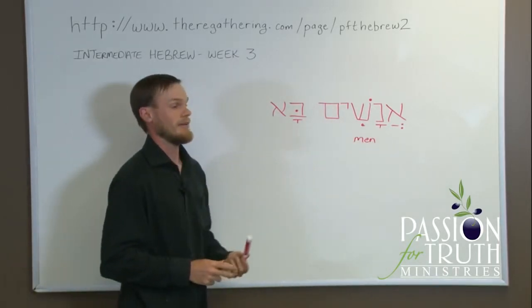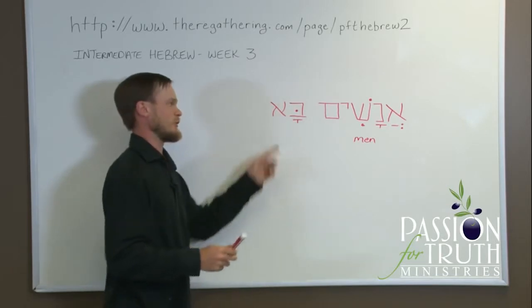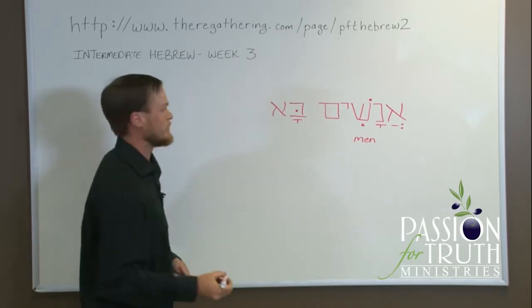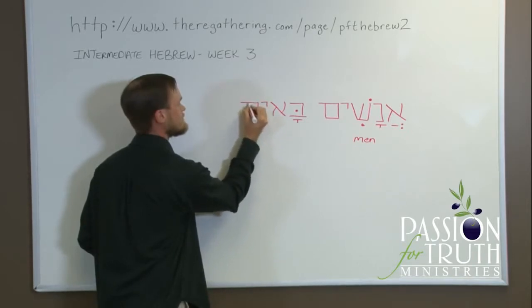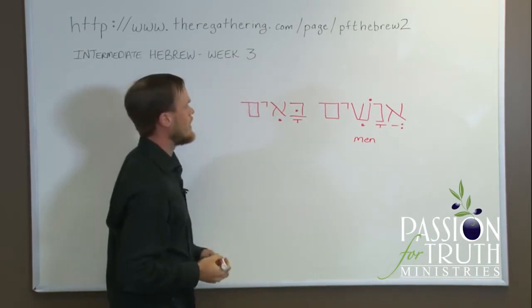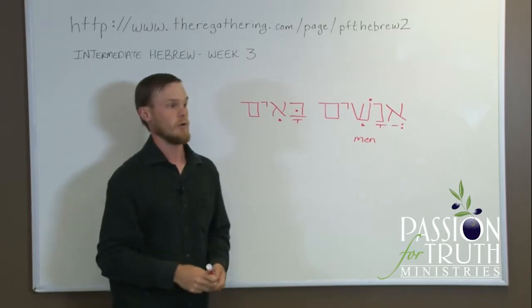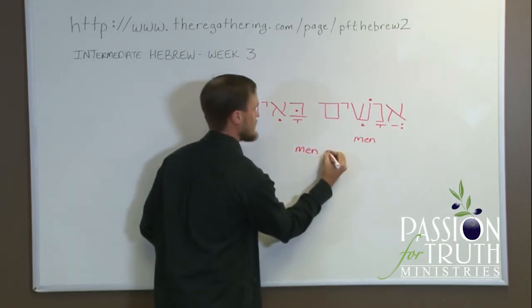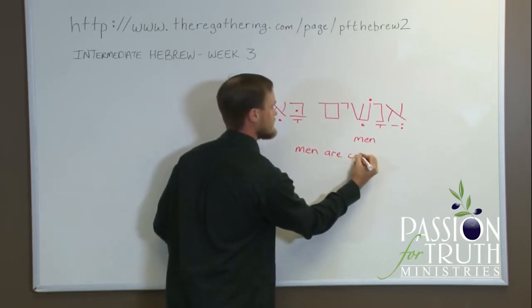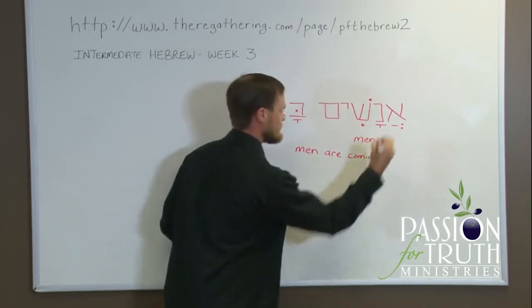Now in this case, not all cases, but in this case, which is why I chose ba, to make it plural, we simply add im. So anashim ba'im or ba'im anashim, either way means men are coming. Okay?